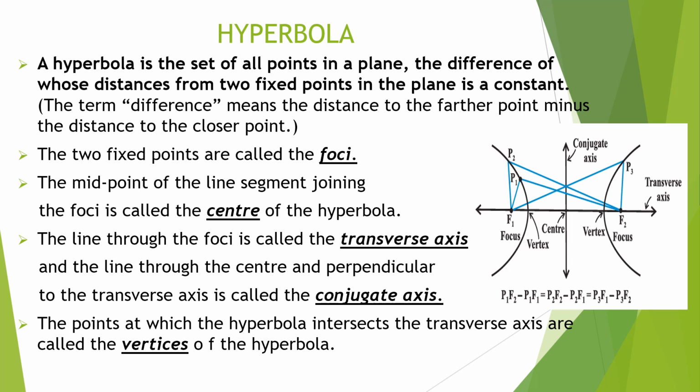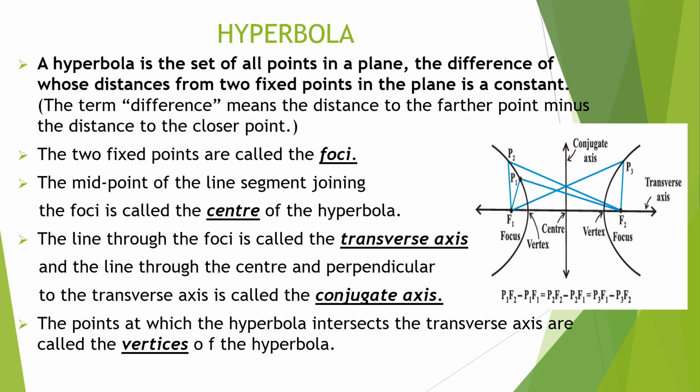F1 and F2 are two points. Now over here P1F2 minus P1F1 will be same as P2F2 minus P2F1, or if you have another point P3, then for it also P3F1 minus P3F2. So all these differences will be same.